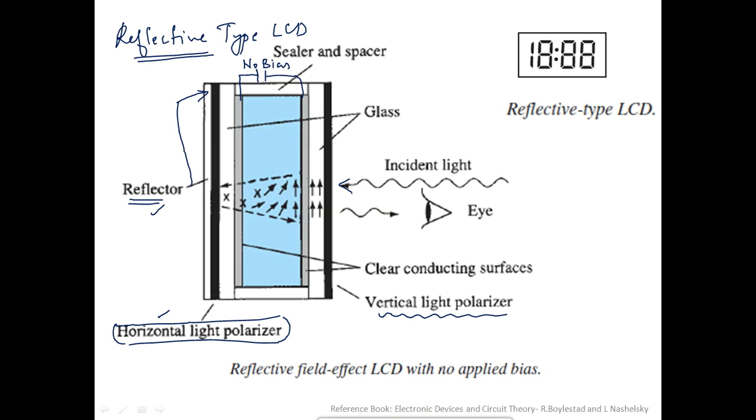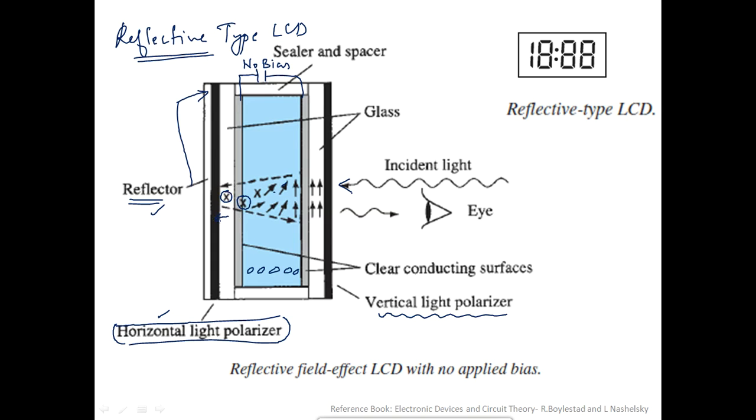So what happens? The vertical component of the light just enters here, and then because these molecules are misaligned, the vertical component slowly becomes a horizontal component. This X symbol indicates the horizontal component. Now when this horizontal component falls on the horizontal light polarizer, what happens? It has to allow them, right?